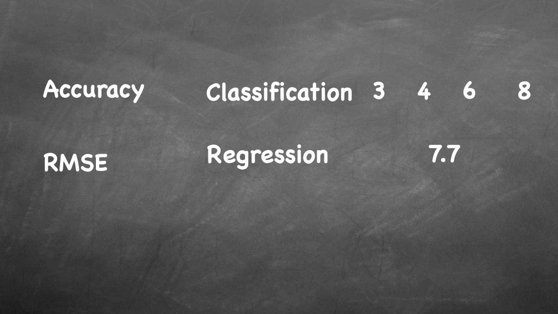I would hope it wouldn't go too far outside the range of what the real data was, but it might if the neural network wasn't trained well. So when the neural network is predicting with regression, you get an entirely different type of answer. It might tell you that the car has 7.7 liters.